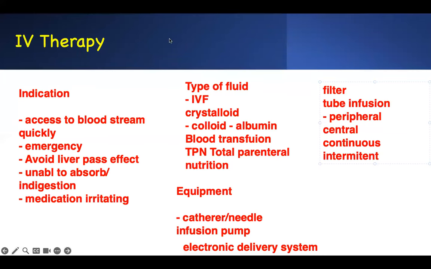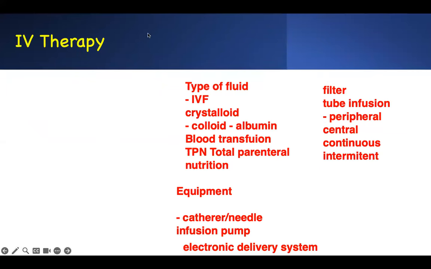Those are some of the equipment that we need. There's more equipment you need. You also have to have a tubing system. Some of the tubes are vented, and this is usually if you have a glass bottle. They have a venting system.